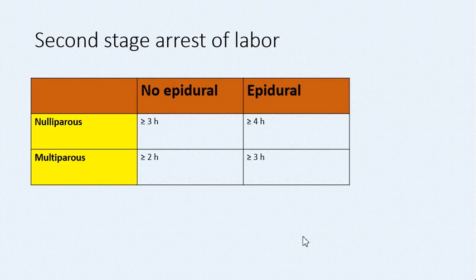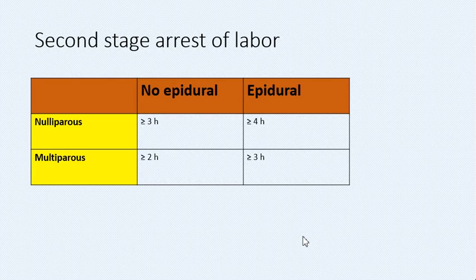What are the main causes? Essentially, cephalopelvic disproportion, meaning the head of the baby is larger than the opening. Also fetal malposition, when the baby is not in an adequate place in the uterus.